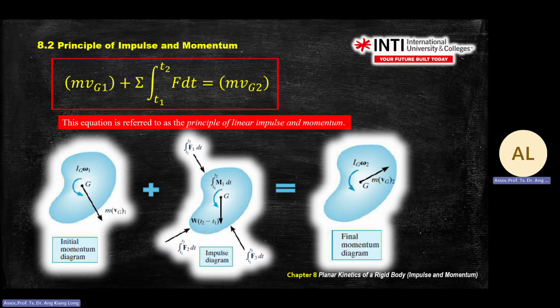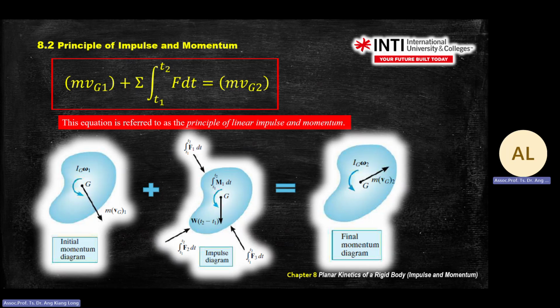Impulse is related to external forces acting on the object: the weight, any external force, and also the moment on the body. Then that equals the final momentum diagram. So you have three diagrams.